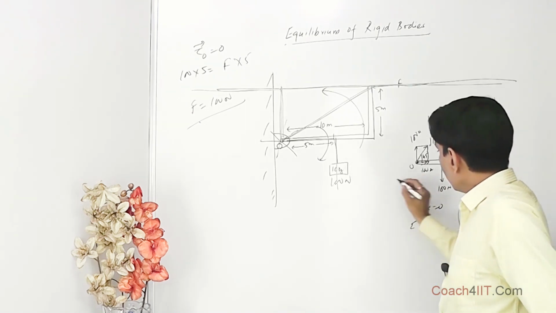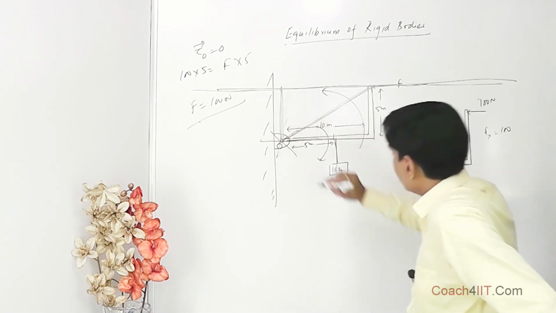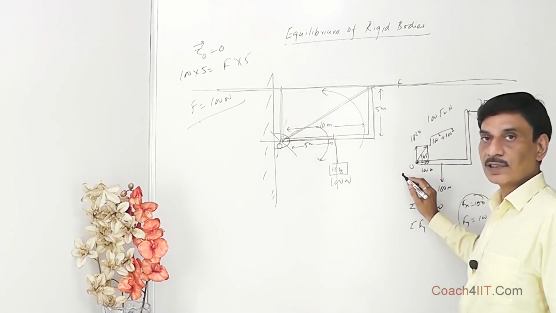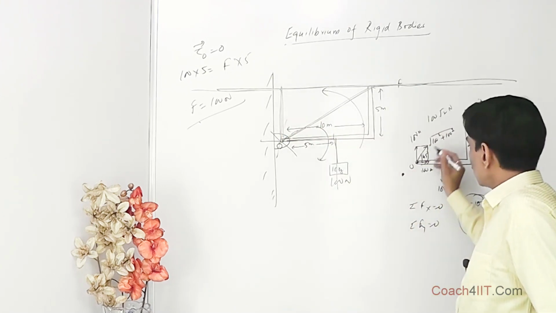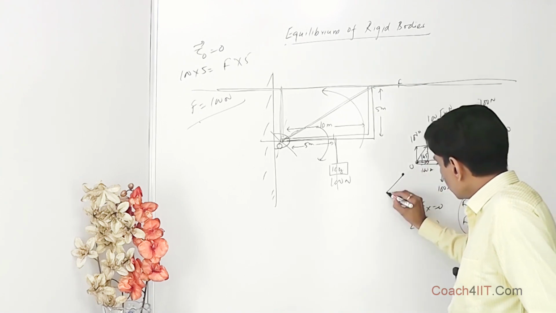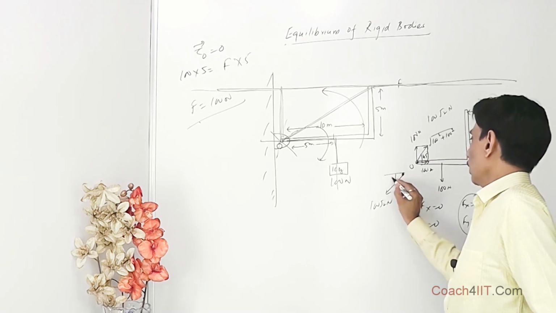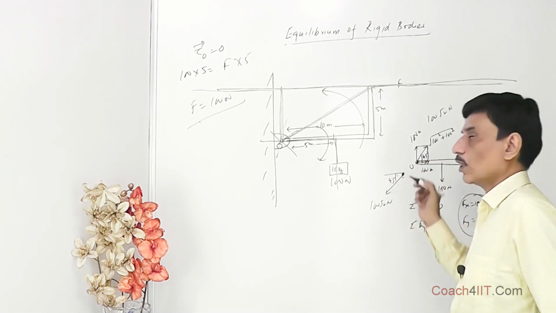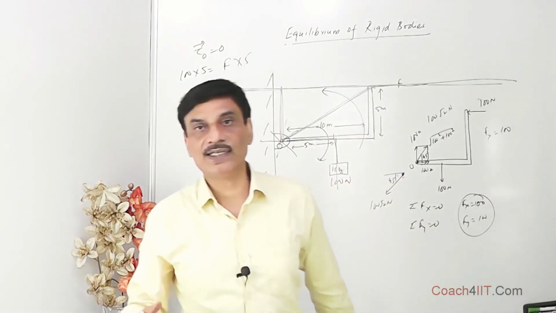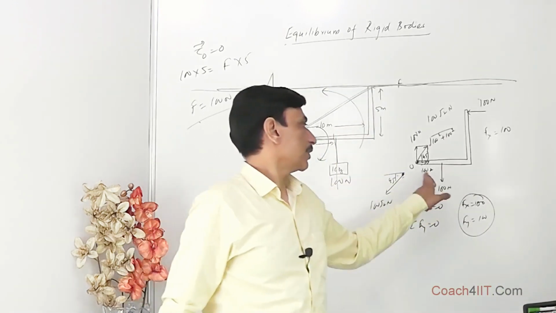And the pin which has been inserted, to every action there is an equal and opposite reaction. So this pin is applying a force in this direction, and the pin will experience a force in the opposite direction, that is 100 root 2 Newton at an angle of 45 degrees. This way we can find the net reaction at this point also.